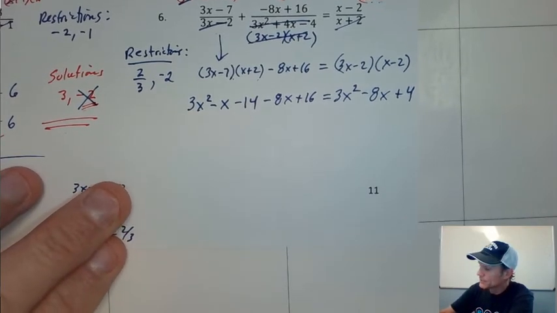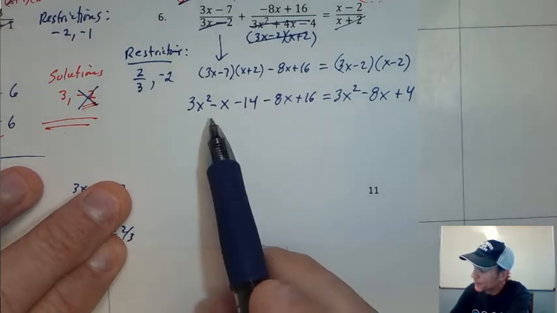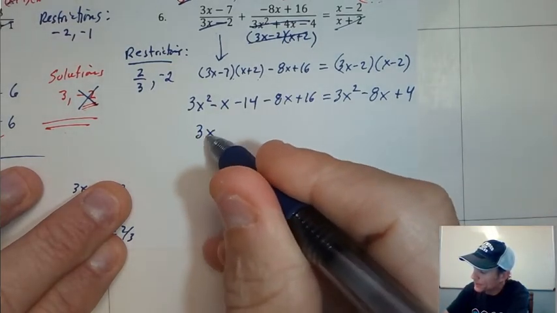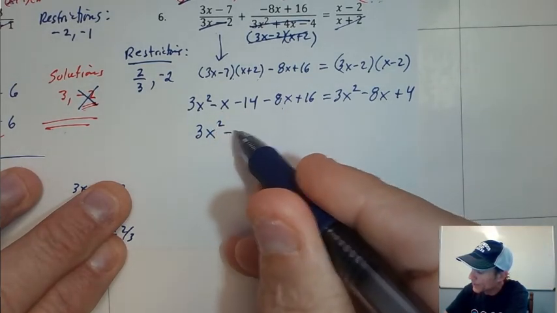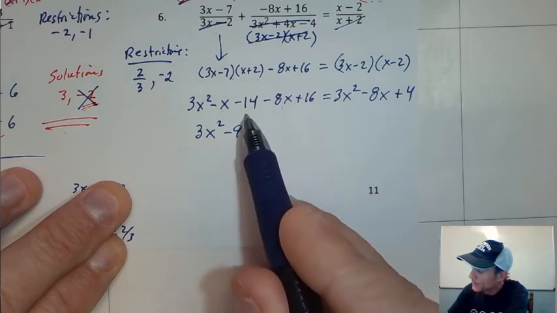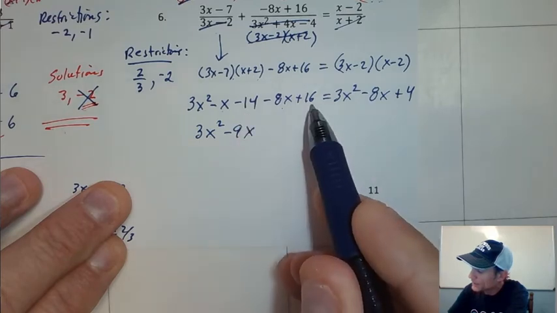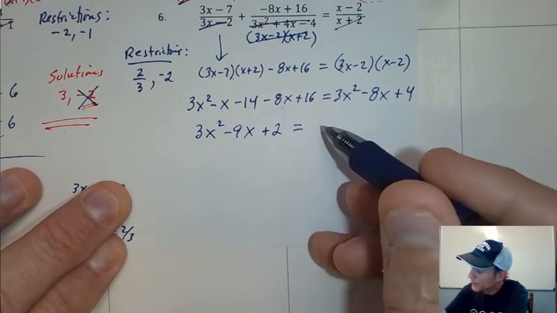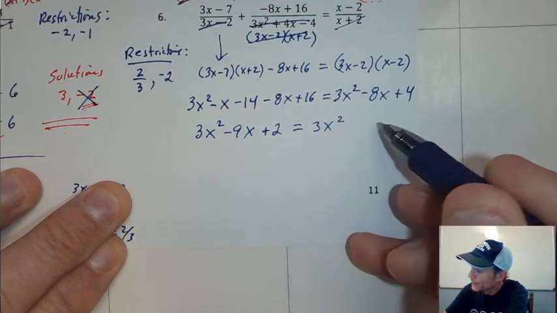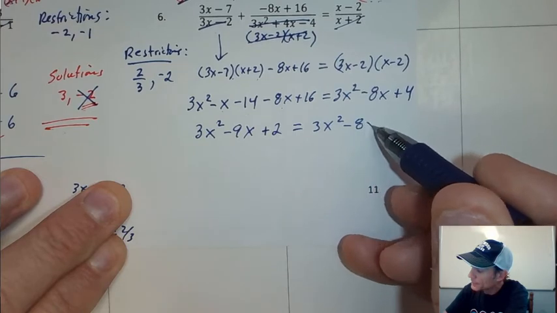One nice thing is, I'm going to clean up both sides. I'm going to combine like terms, and then we'll take a look at the nice little piece of this problem. Negative x, negative 9x, negative 14, and 16 make 2. And then I got 3x squared minus 8x plus 4.